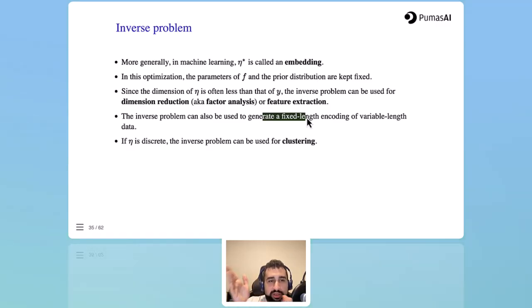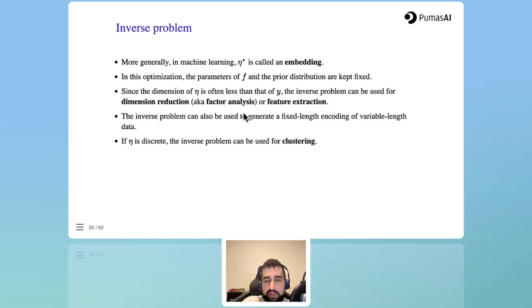So if I have image data, I can pre-process it, generate this so-called embedding vector, and then use the embedding vector just like any other covariate, do some linear regression with it, or do some exposure response analysis and add it as a covariate there, right? And so you can essentially use this so-called encoder to encode the variable length data that we have into a fixed length representation, eta star. So that's another common use of what I call here the inverse problem, or using the generative model in reverse.